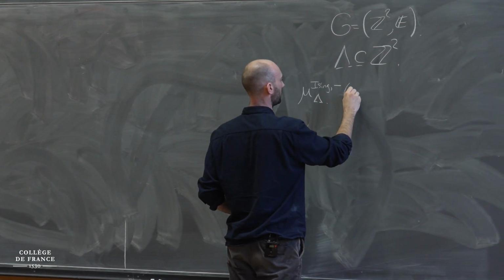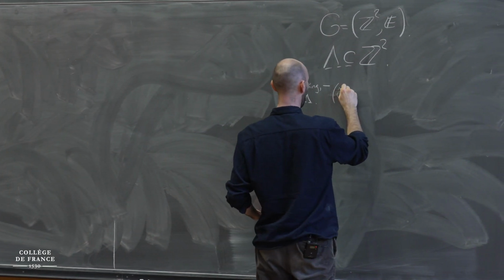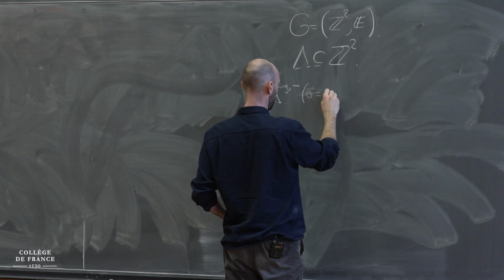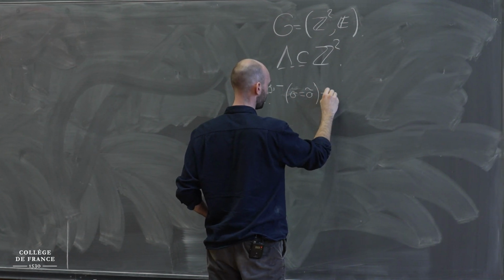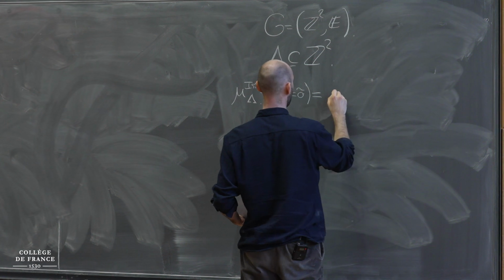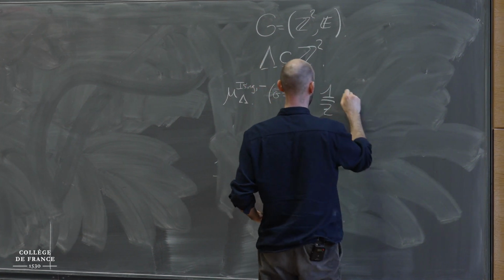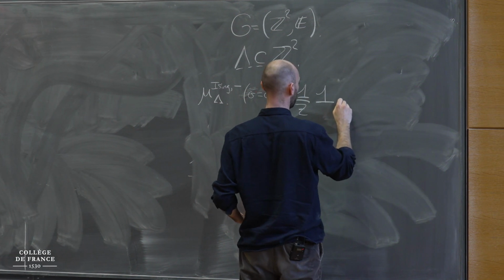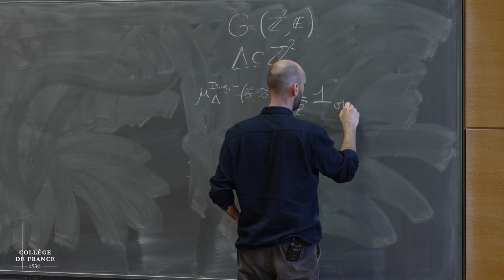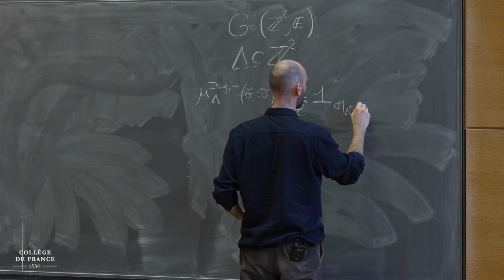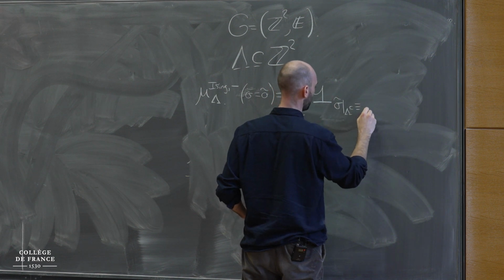We define it such that the probability that sigma is equal to sigma tilde is 1 over Z, the indicator that sigma on the complement equals -1.